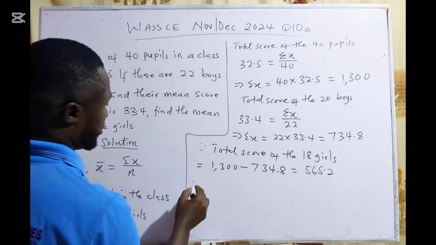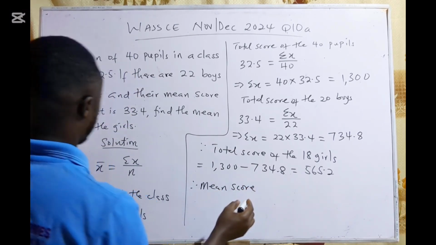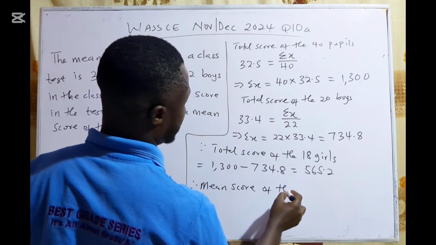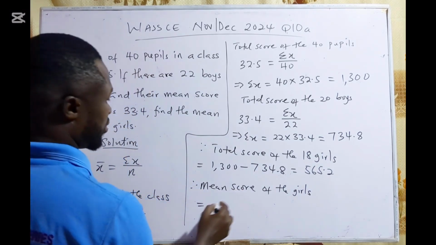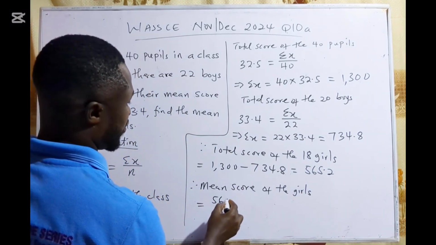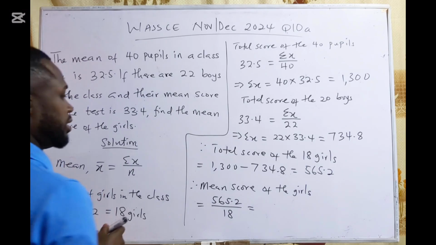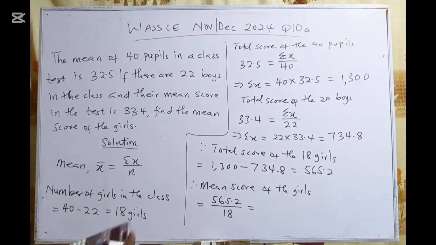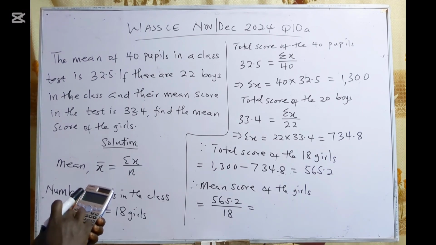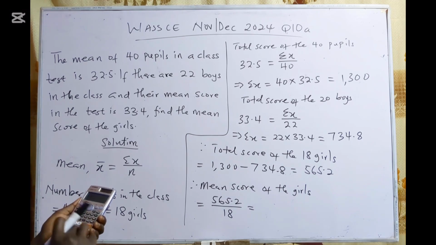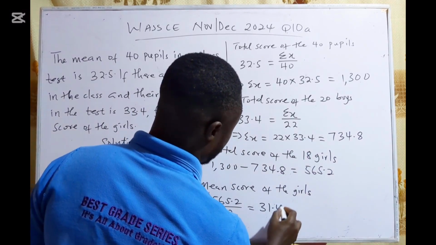Therefore, the mean score of the girls will be equal to the total score of 565.2, all divided by the 18. We have 18 girls, so 565.2 divided by 18, and that will give us 31.4.